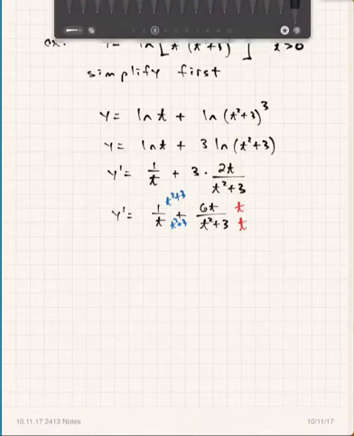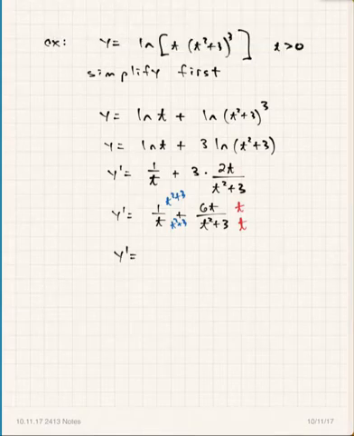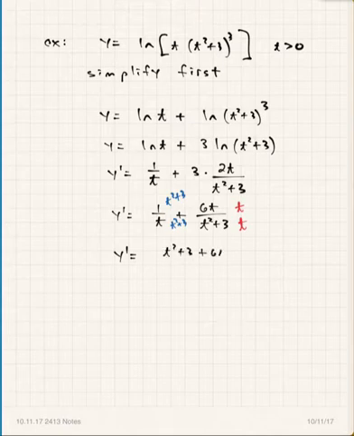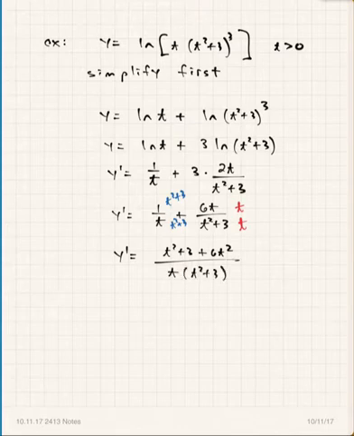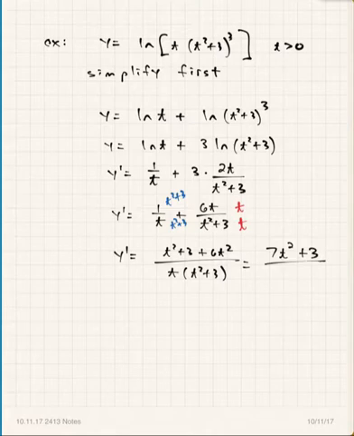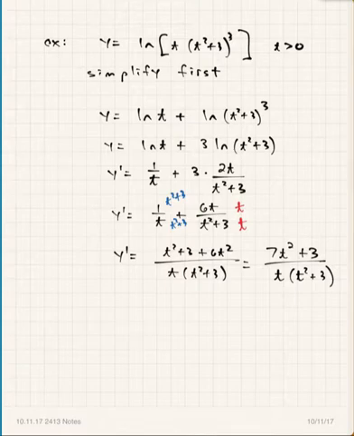And so when you combine these two fractions, you'd get t squared plus 3 plus 6t squared over t times t squared plus 3. And so that would give you 7t squared plus 3 divided by t times t squared plus 3. And that would be our derivative for this function.